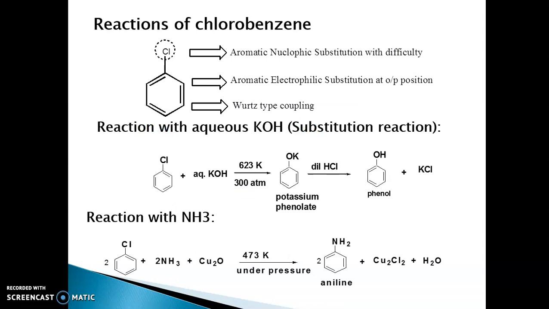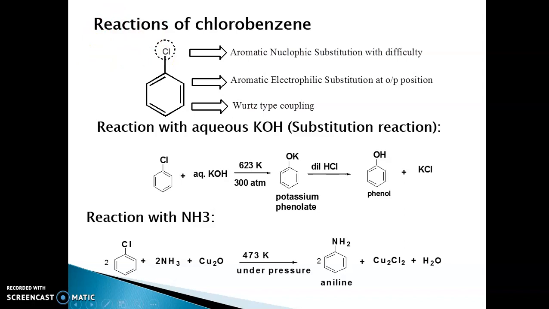Now related to the chemical properties of chlorobenzene, as I have already told you, the Cl atom of chlorobenzene is attached to an sp2 hybridized carbon atom, and we have already studied that because of this sp2 nature, the percentage of s character is more, which is 33.33.